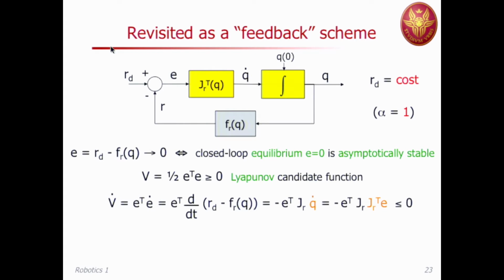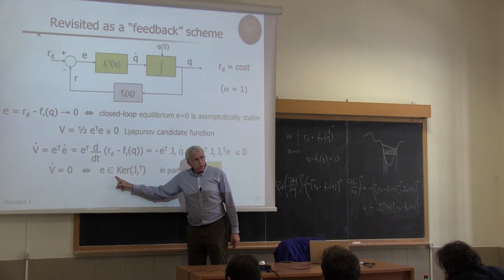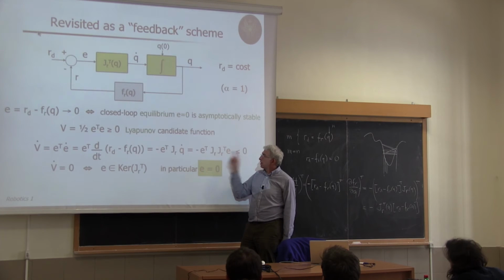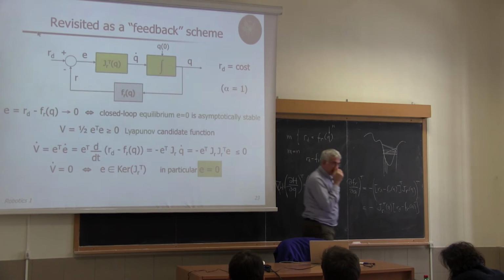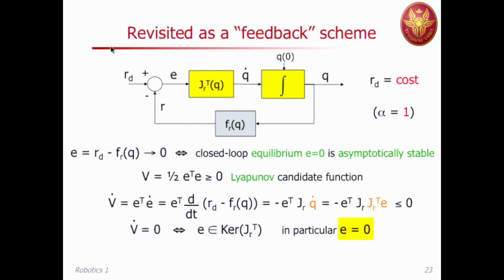And in particular it is 0 if the error is 0. Unfortunately, it is 0 also when the error is not 0, but belongs to the null space of this Jacobian transpose matrix. You see that? There may be cases where the error is not 0, but when I multiply this non-zero vector by a matrix, J transpose, I may get a 0 vector.